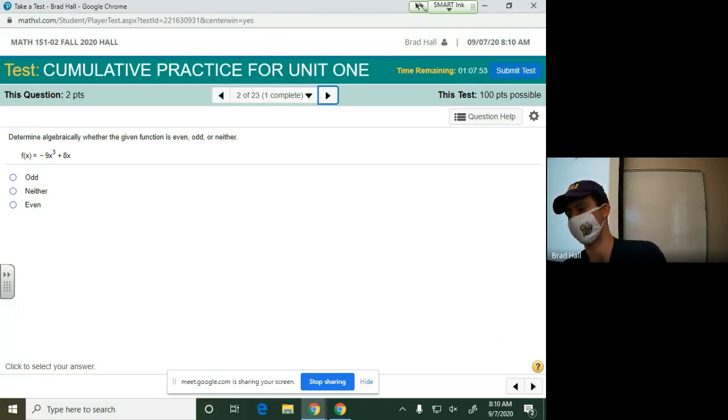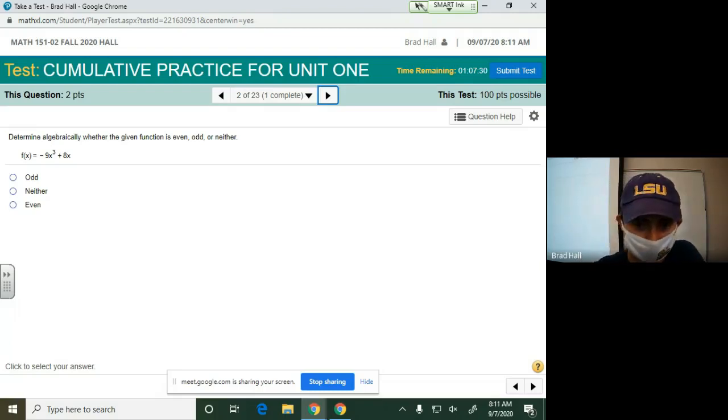So for even, odd, or neither, some people can figure this out by looking at the exponents. That's a good pattern to utilize if you're just completely unsure of how to go about this problem. All the exponents are odd. That's a pretty good indication that this would be odd.